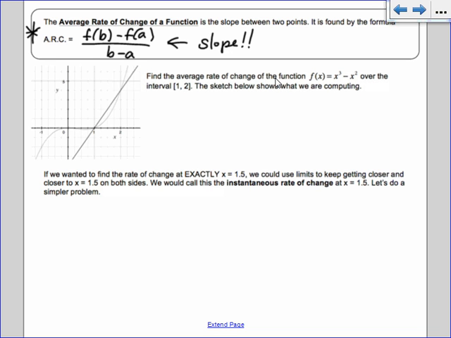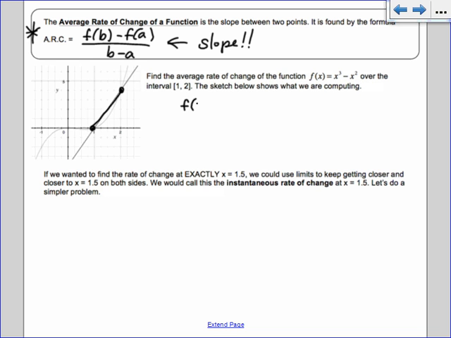That's all it is. So in this one, it says find the average rate of change of the function f of x equals x cubed minus x squared over the interval 1 to 2. So what I want you to do is take the endpoints, between 1 and 2, and connect them. I have this little drawing here so you can see all we're finding is the slope between the endpoints.